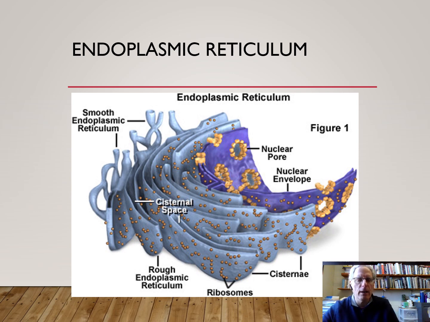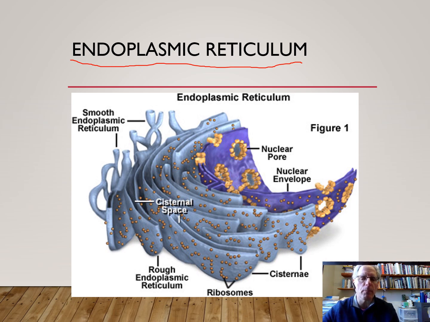Proteins that will begin their lives by being made at the endoplasmic reticulum are proteins that are either secreted, are embedded in membranes, or are going to be lysosomal proteins or something like that. These ribosomes that are making these membrane-bound or secreted or lysosomal specific proteins, they will attach to the endoplasmic reticulum.